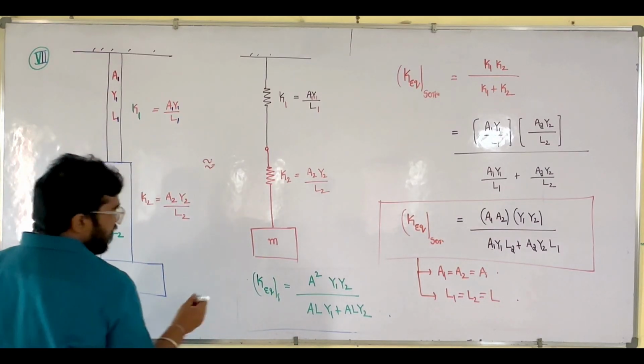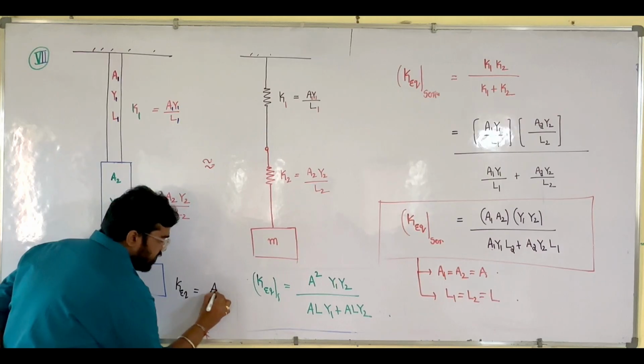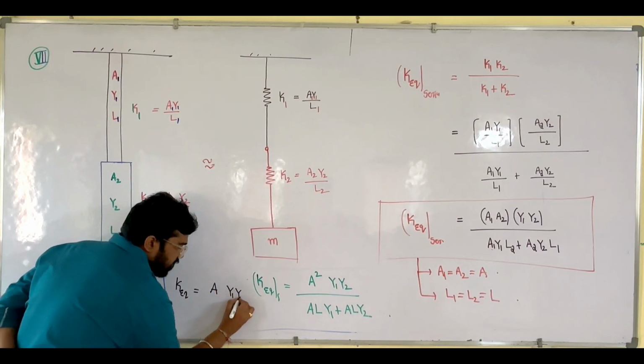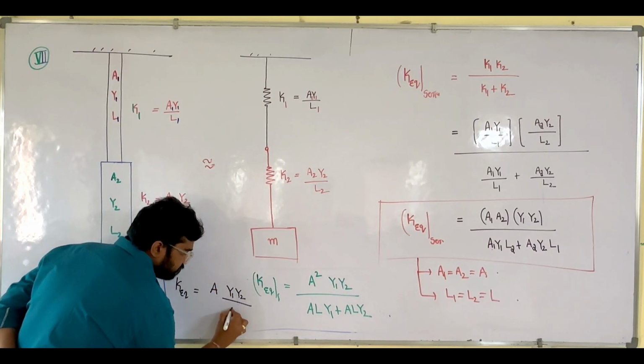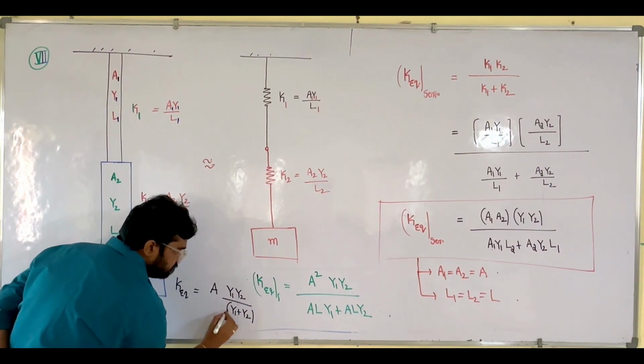This is the K equivalent: A into Y1 Y2 by (Y1 plus Y2) by L.